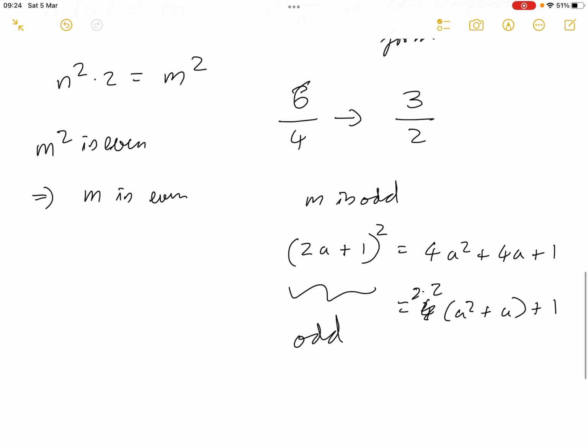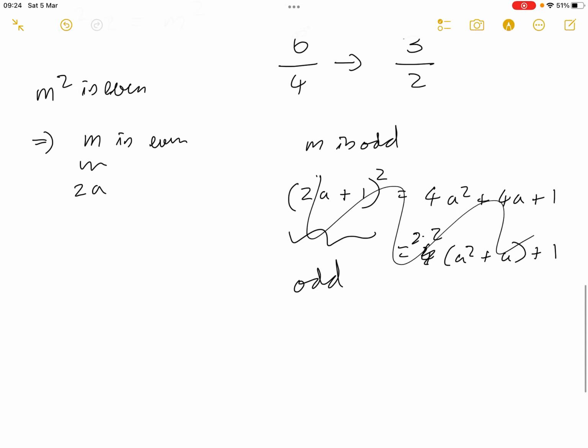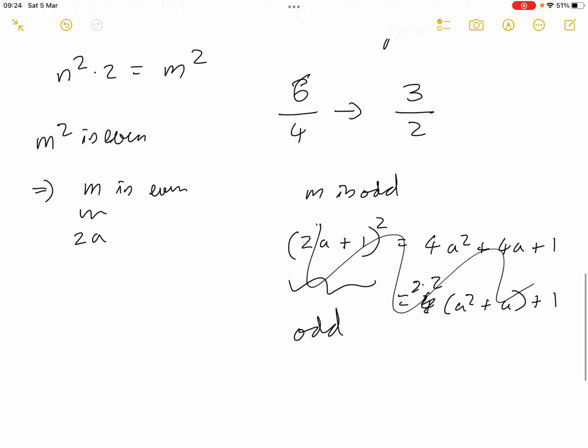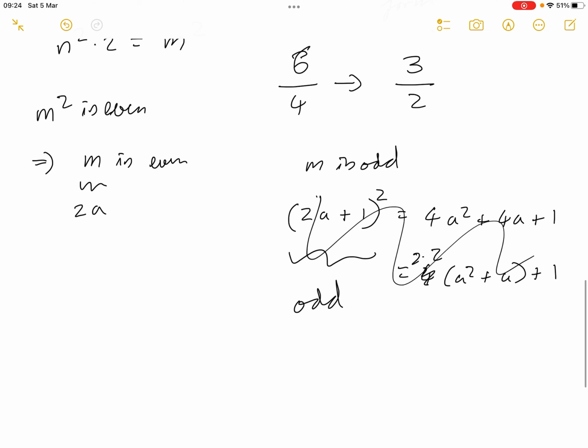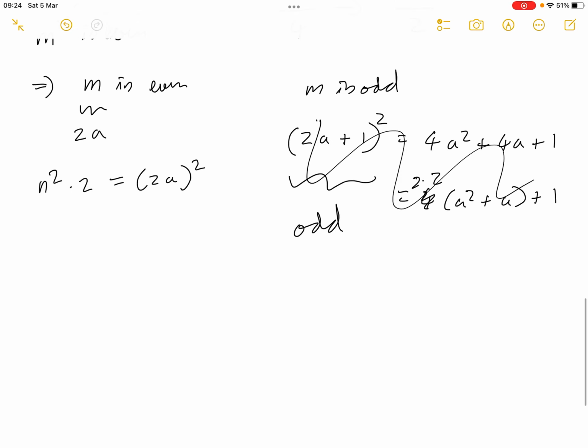So we know m is even. We're going to just scribble this out. m is even. That means we can write m as 2 times some number a, okay? And that means that n squared times 2 is equal to 2 times some whole number a, squared.